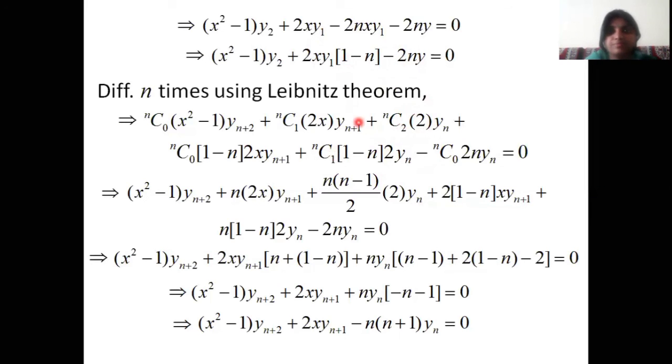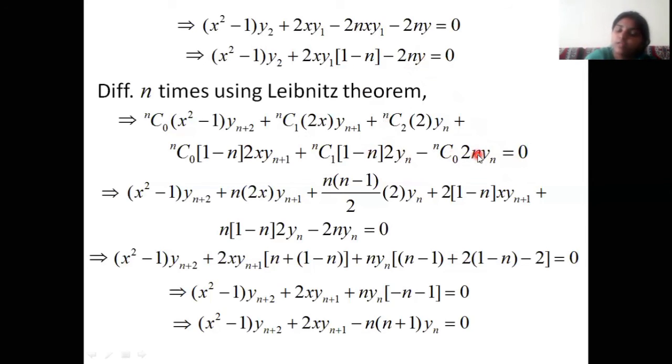See here, derivative of x is 1. In the next term it will be 0. So we'll stop at nc naught. Next term is nc naught to n, and the antiderivative of this, that is y. There is only one term here. So yn, that's it, equal to 0.